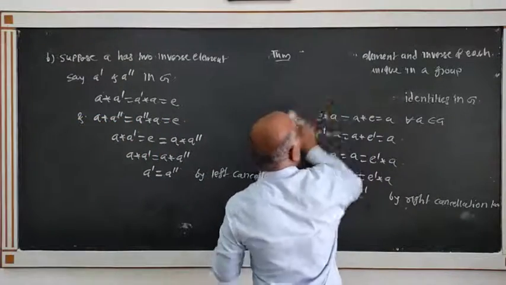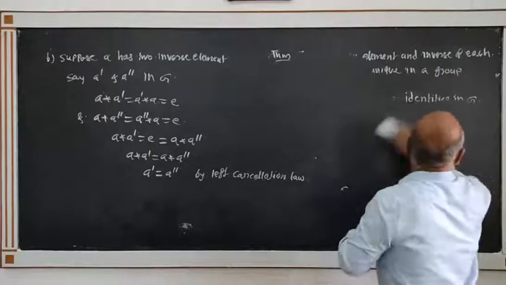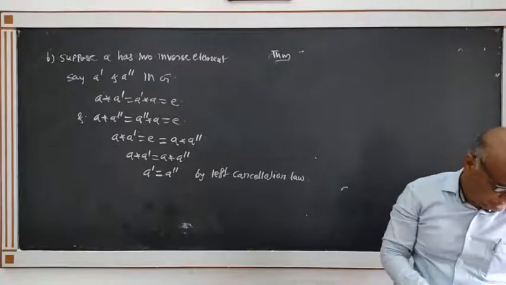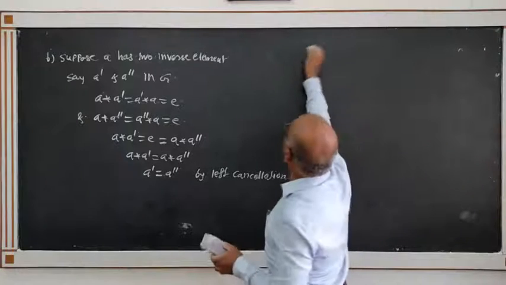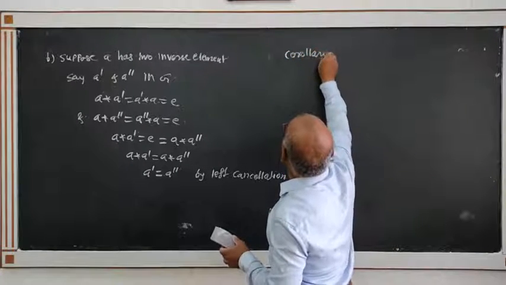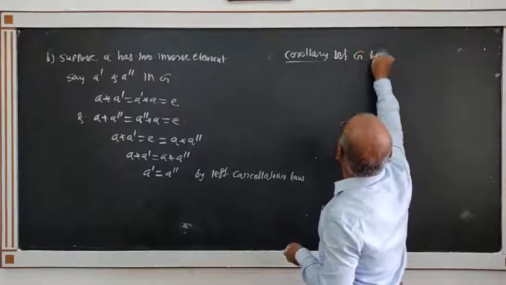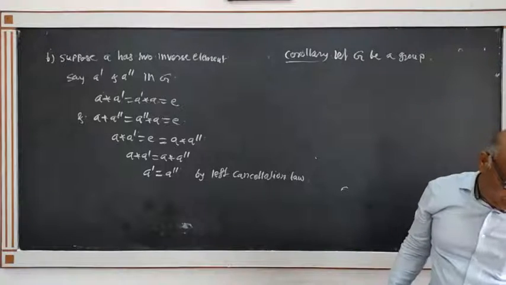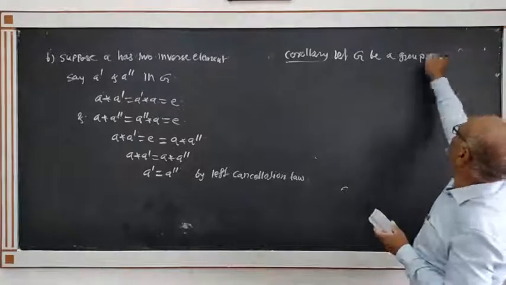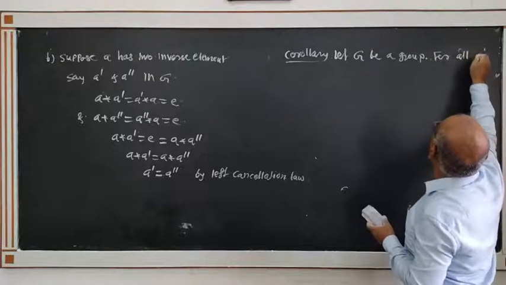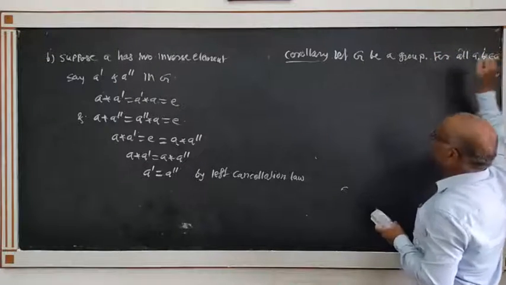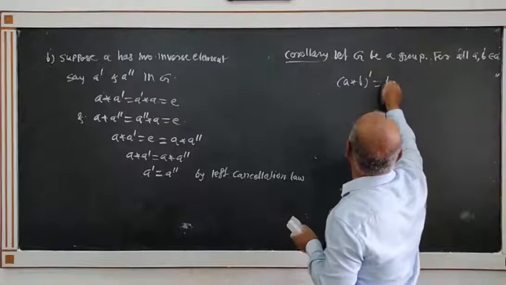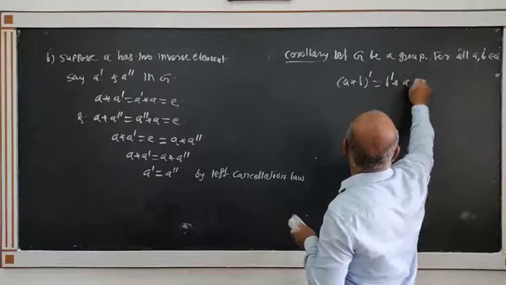Now, next, let G be a group. For all a, b belongs to G, (a * b) inverse is equal to b inverse * a inverse.